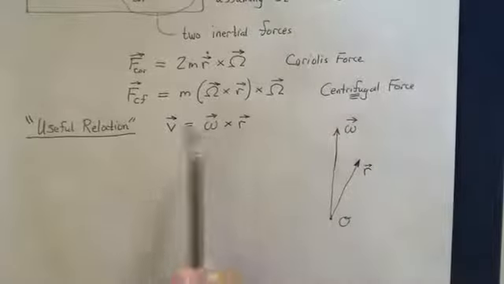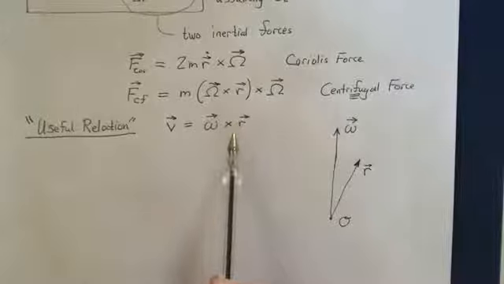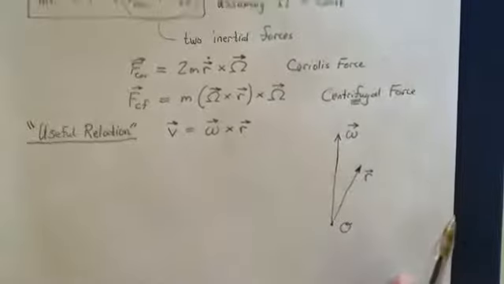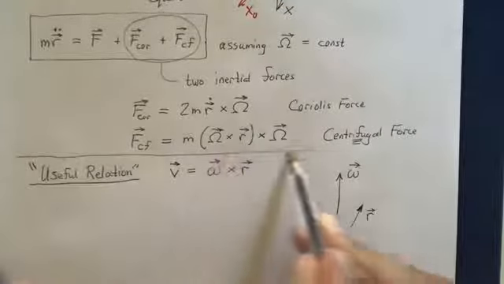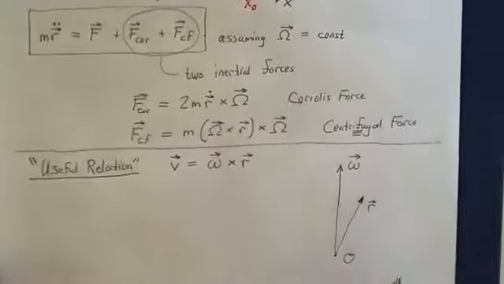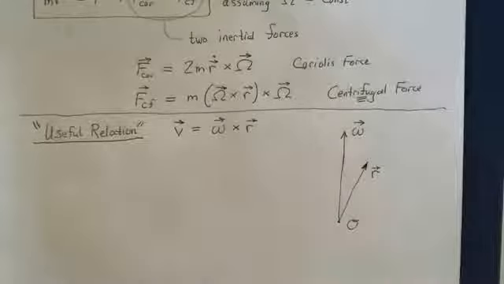Notice for the useful relation, we're using just the R vector for ultimate simplicity in notation. So I'll draw a horizontal line here to indicate that this discussion of the useful relation is actually a very general discussion. It's logically distinct from our earlier discussion in this lecture with the two reference frames.